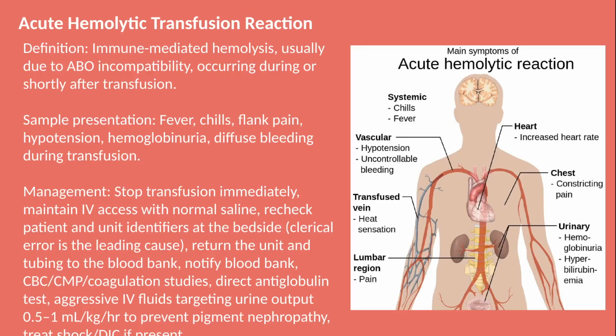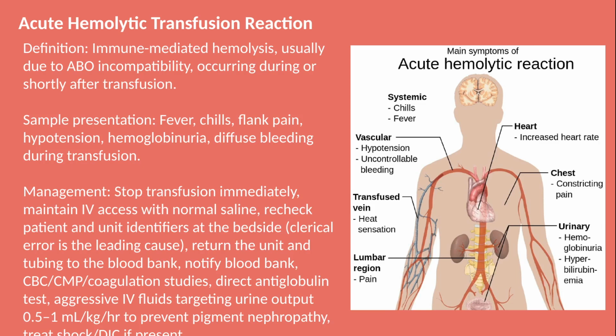Acute hemolytic transfusion reaction is immune-mediated destruction of transfused red cells, almost always from ABO incompatibility, and almost always from a clerical error, the wrong unit to the wrong patient. It happens during or shortly after the transfusion, and the presentation is dramatic.